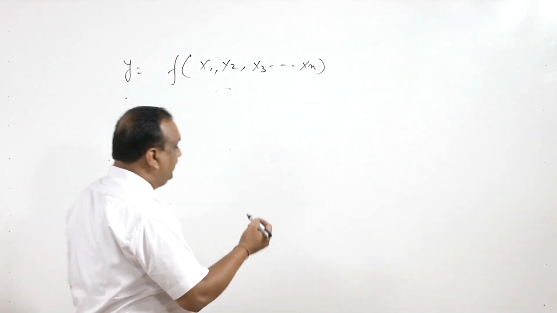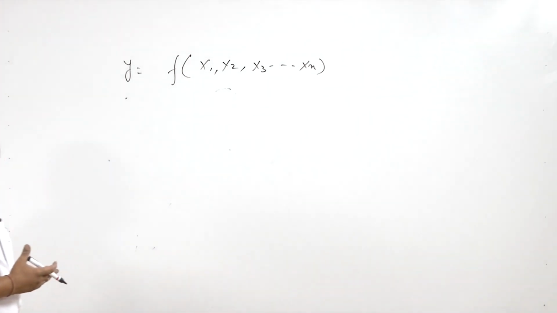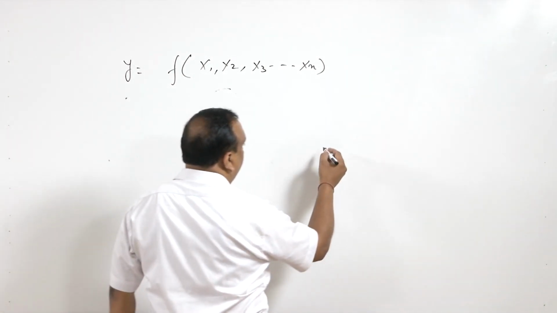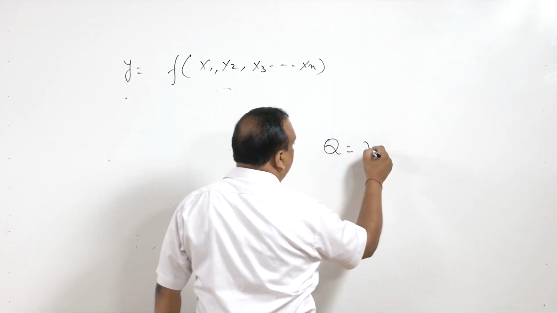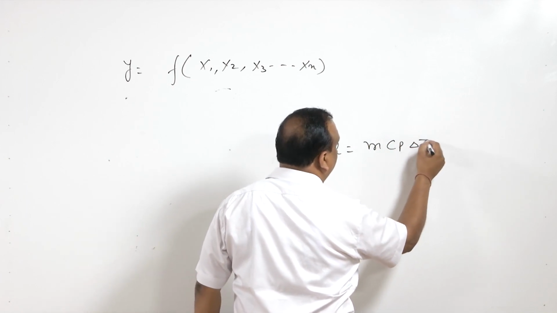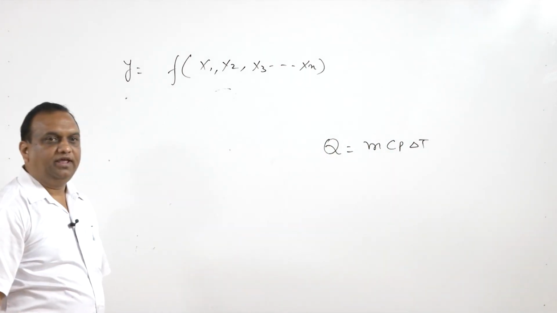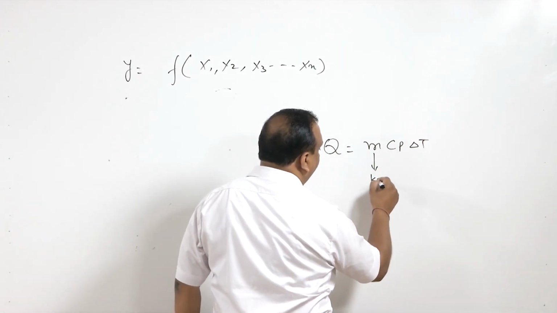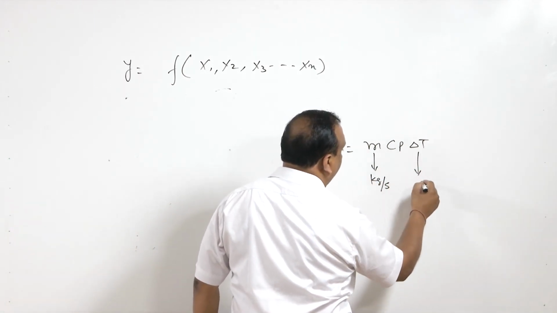For example, we are measuring heat carried away by the cooling water in a condenser. So that is going to be Q is equal to m Cp delta T. Now here two things will be measured: one is mass flow rate in kg per second and the other is delta T in degree centigrade.